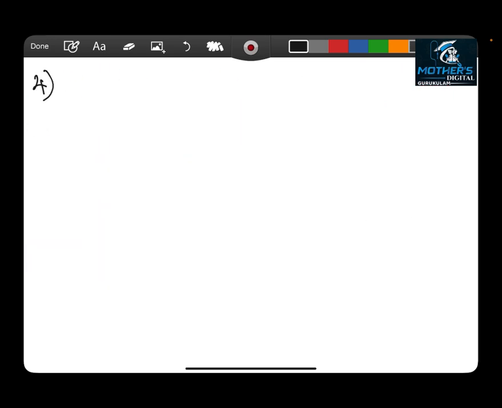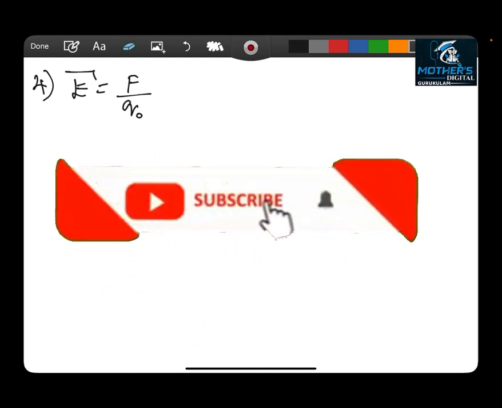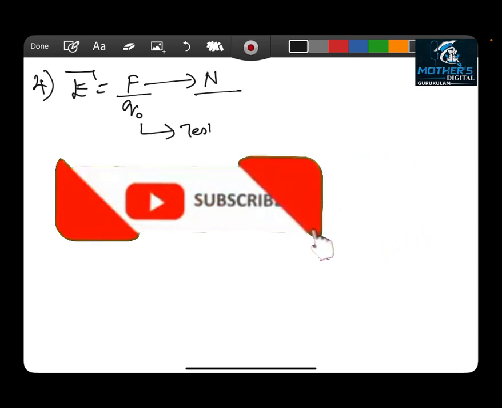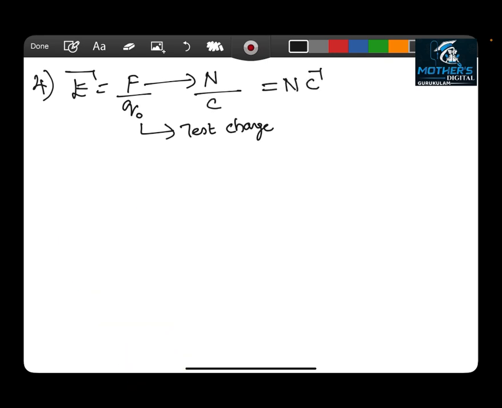The next formula, we'll move on to electric field related formulas. Electric field equal to F by Q naught. And the unit for this: F is measured in Newton. Q naught is the test charge. It is measured in coulomb. So it can be written as Newton per coulomb.